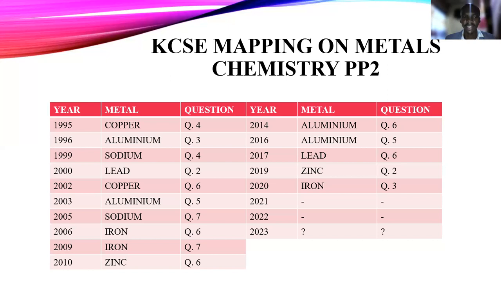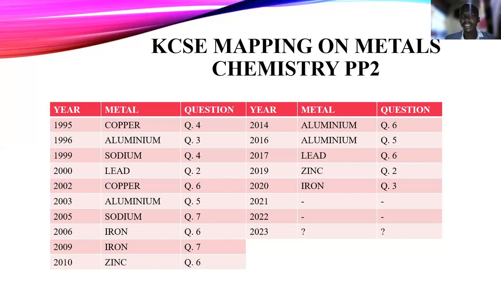In 2009, iron was retested, question 7. In 2010, zinc was tested in question 6. In 2014, aluminium was retested for the 3rd time in question 6.